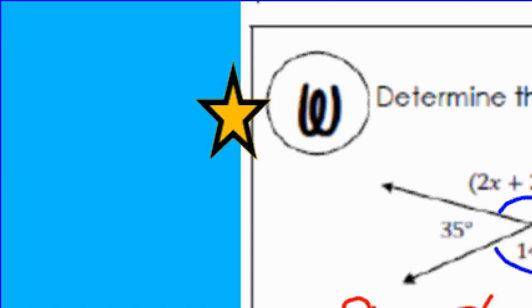So x equals, what? I don't know, my calculator died. 26. 26. Okay.